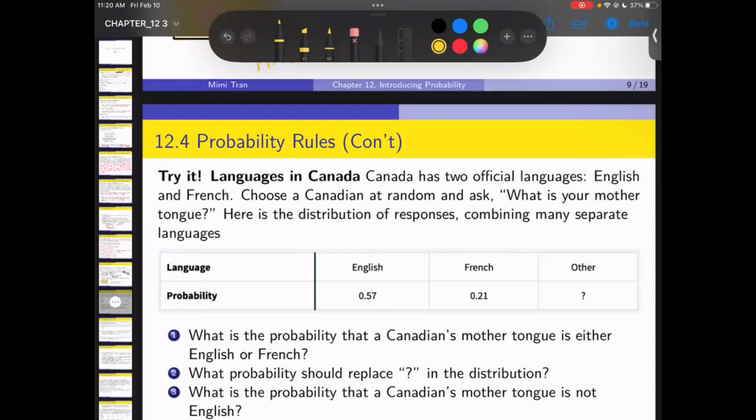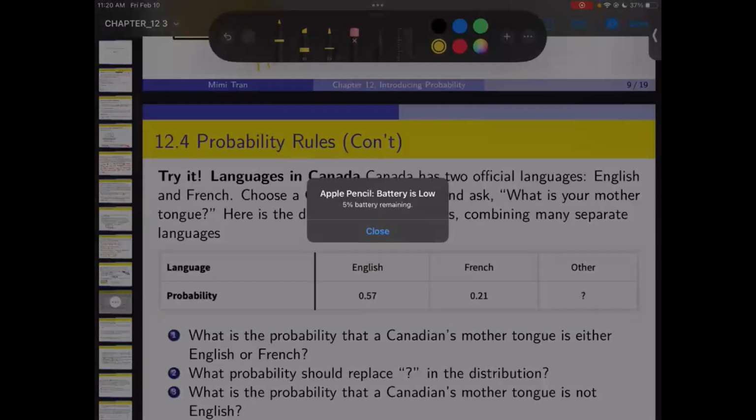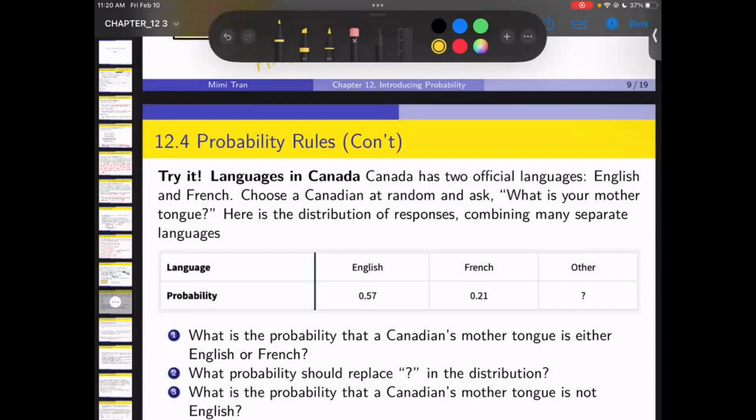So here is the probability the mother tongue is English. It's roughly 57%. Probability the mother tongue is French is roughly 21%, and others. So what is the probability? Now, when I say mother tongue, that's disjoint probability, right?